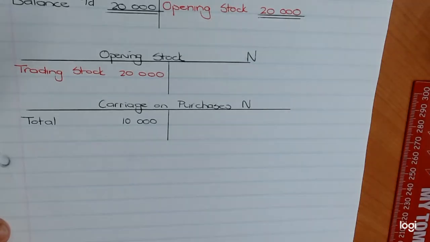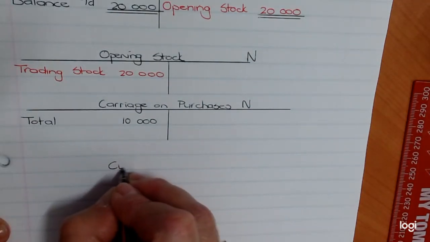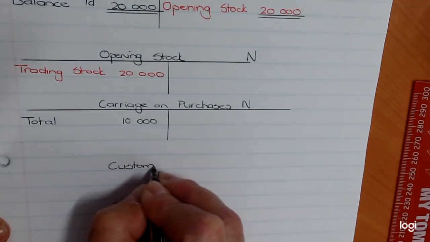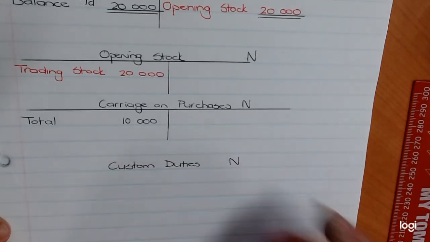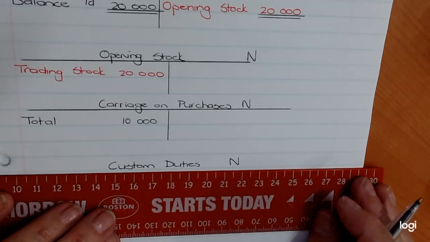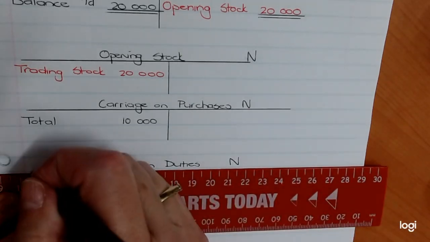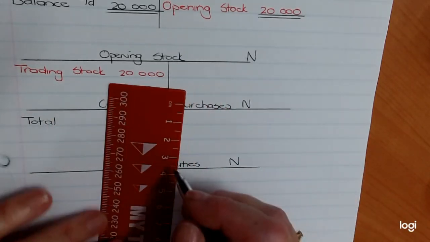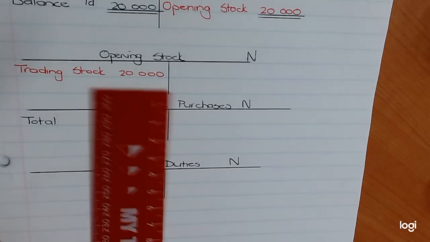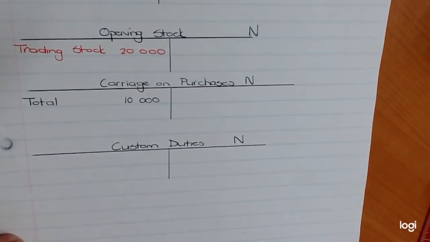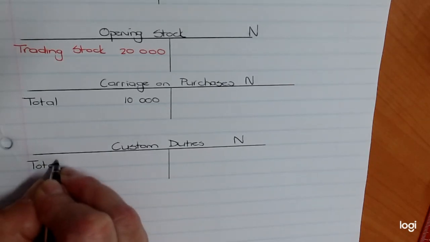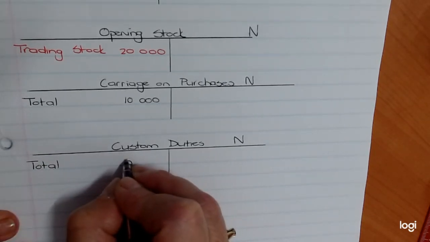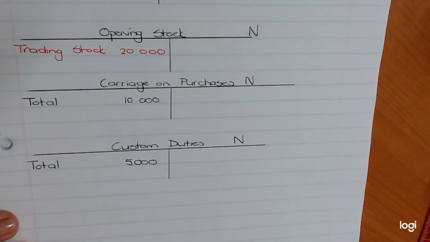And now we also have the custom duties account. The custom duties account is also an expense account. So as well as the others, it will have a debit total. And custom duties is the amount we pay when we import stock. So let's just say it's 5,000 Rand, also an expense.